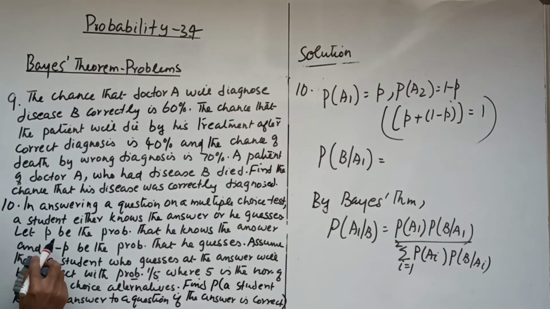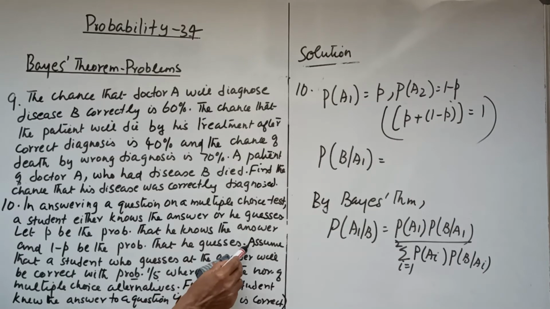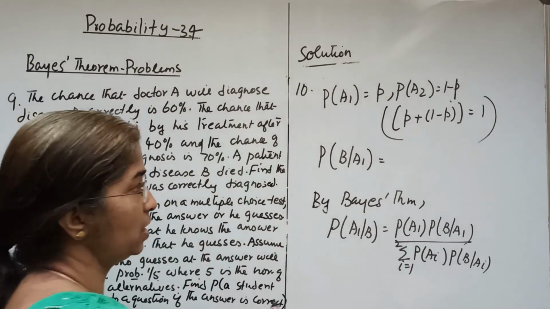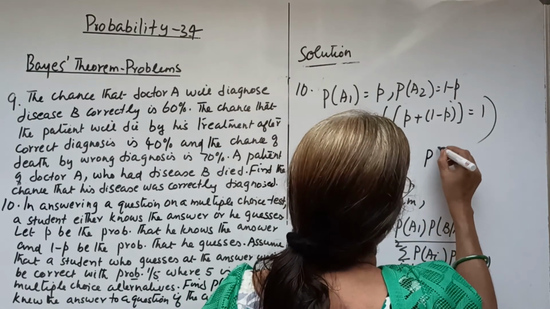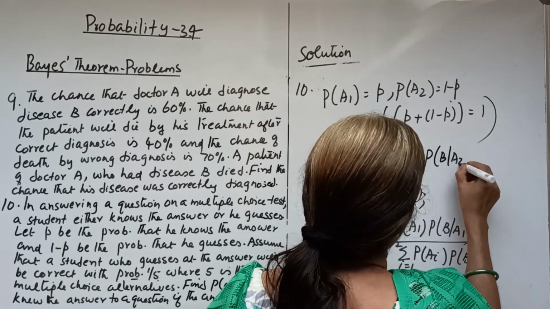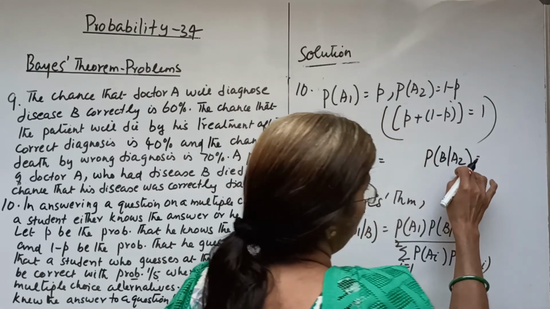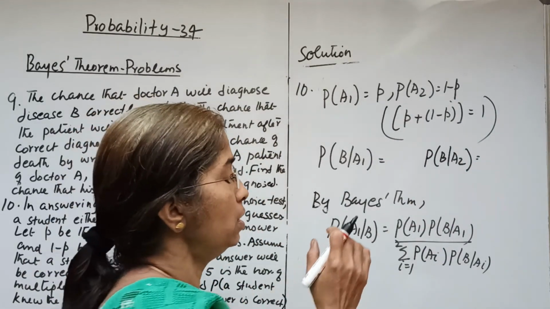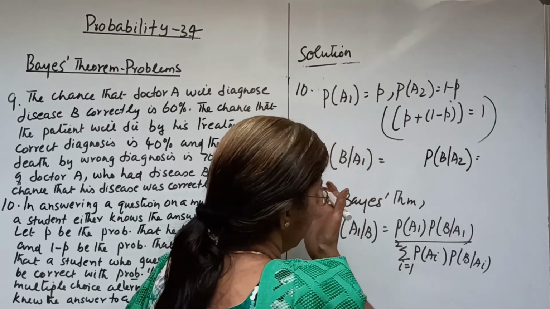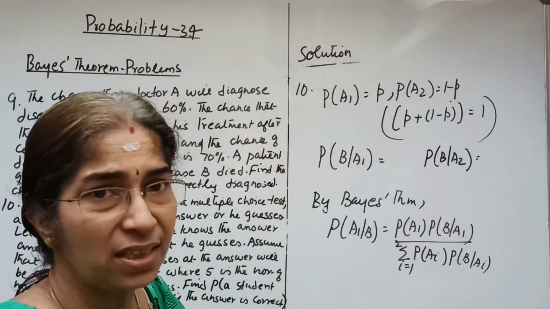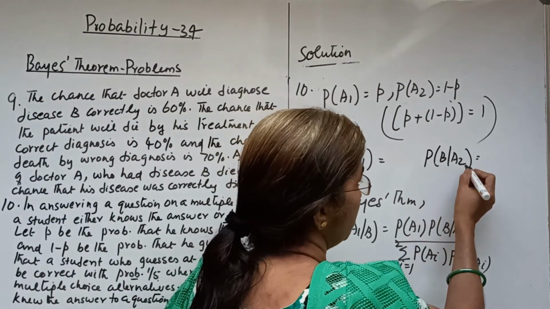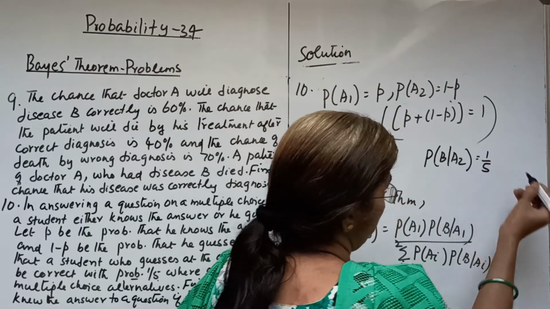We are given only that a student who guesses will be correct with probability 1 by 5, that is, P of B given A2, under the assumption he guesses the answer, the probability the answer is correct. So P of B given A2 equals 1 by 5.